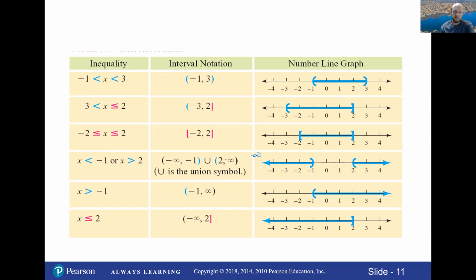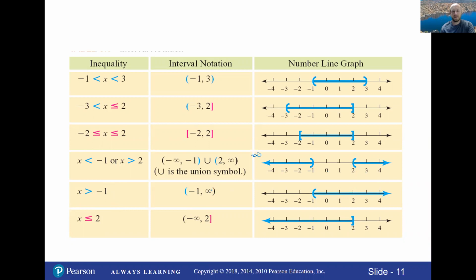Union, okay, union to a left parenthesis at 2 to positive infinity. Okay, this one is x is greater than -1. We would write it as left parenthesis -1 comma infinity. That's the infinity symbol. And then a parenthesis.